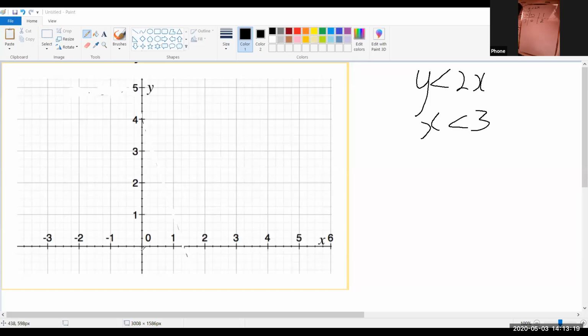So (0, 0) is right here, that's the origin here. Are you all seeing it? Yeah. And then when x is 1, y is 2, that's over here.